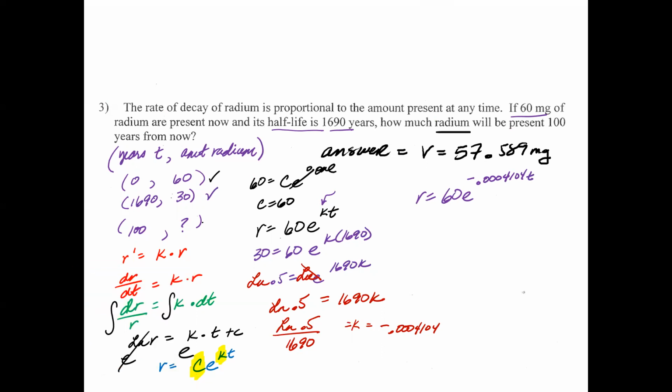My goal here is to figure out what amount of radium is left over when the year is 100. So let's replace this t with 100, plug it into your calculator, and you should have 57.589, and the unit is milligrams of radium.